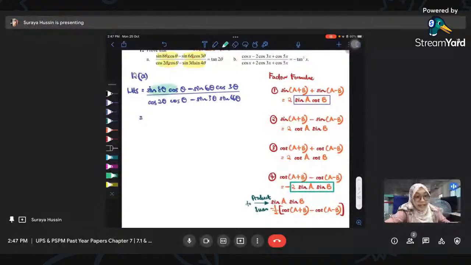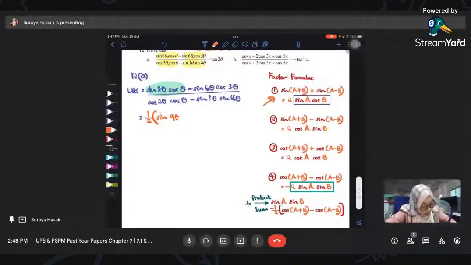Let me highlight it, and I'm gonna use orange color. So here goes the first formula. We have sine A cos B, therefore 1 over 2 times sine. I think I'm quite excited to just write down the answer kot, bukan A plus B lagi kot.